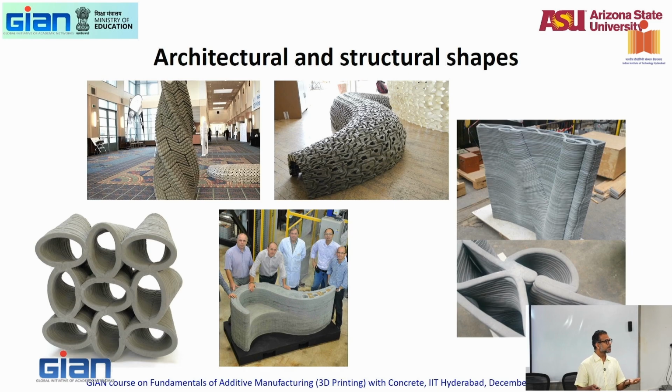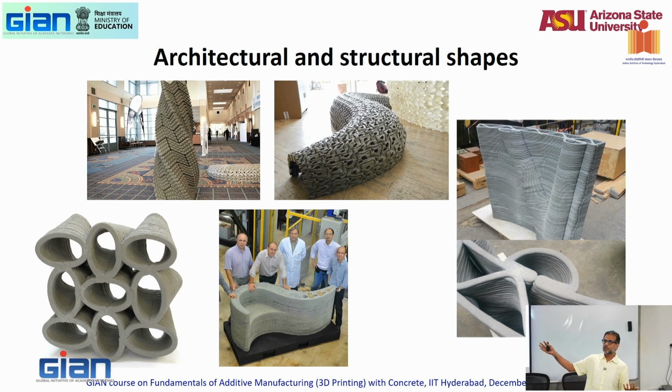We need to make sure that we put material only where it's actually needed. So along with shape optimization, you can do structural optimization to put concrete only where we need it, not put it randomly. For example, if you do a reinforced concrete beam, below the neutral axis concrete does nothing, right? It's all the steel that does, if it's a simply supported beam. So in those kinds of systems, can we do shape optimization?